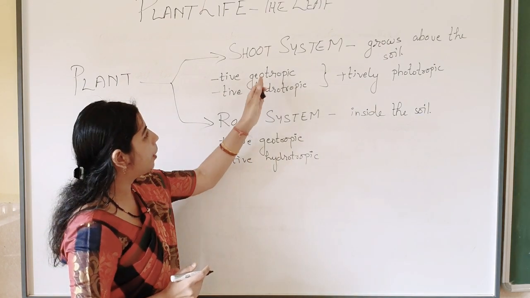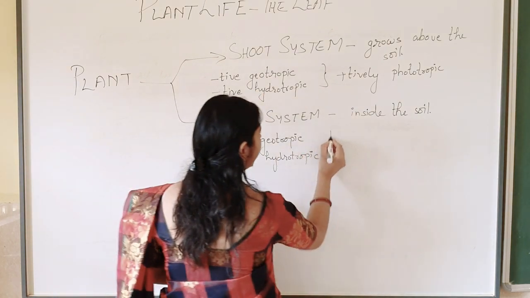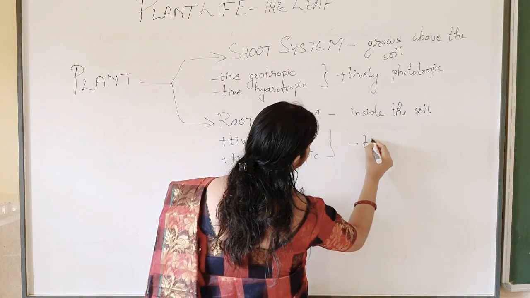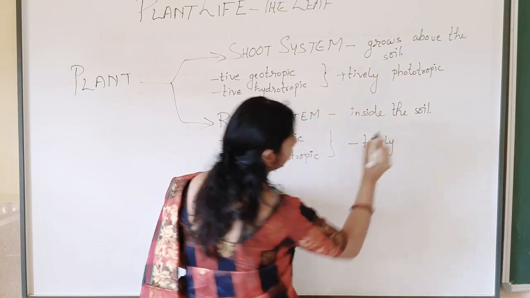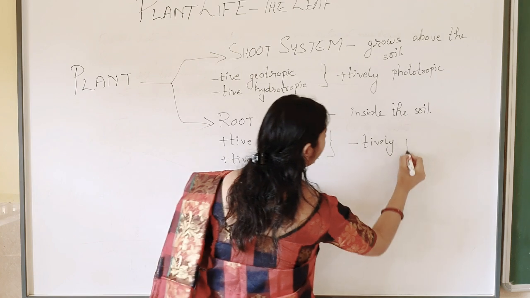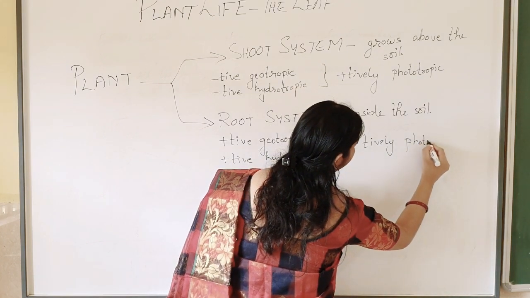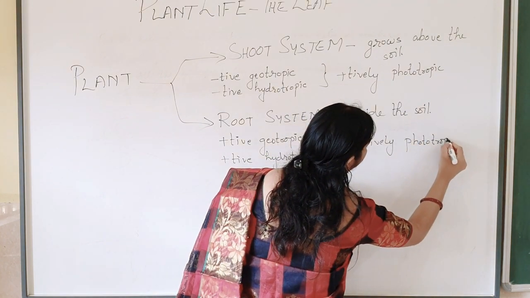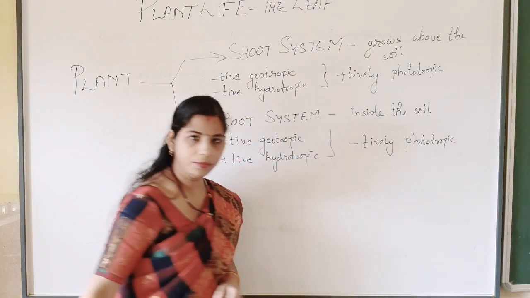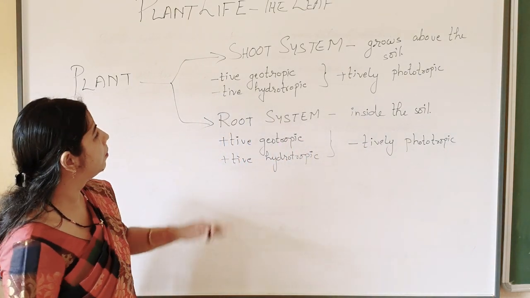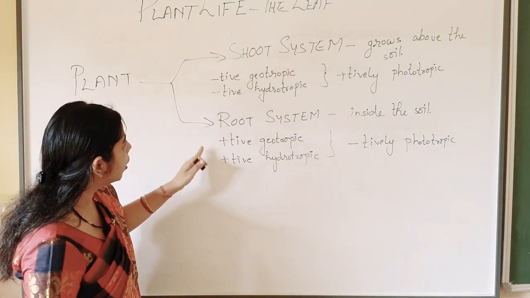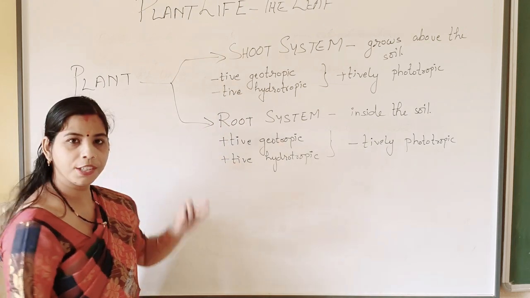But opposite from the shoot system, it is negatively phototropic. Now you know about the root system and the shoot system.